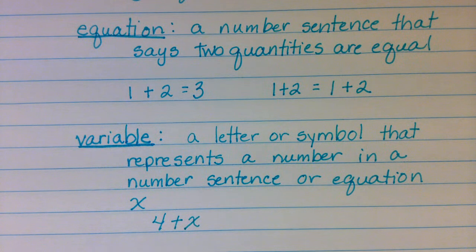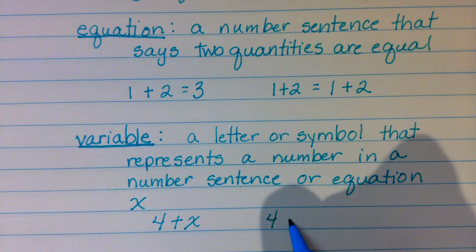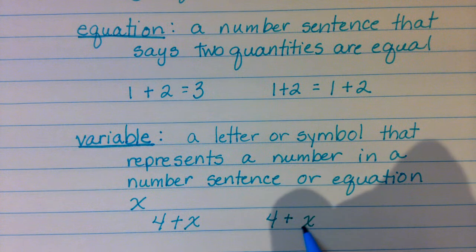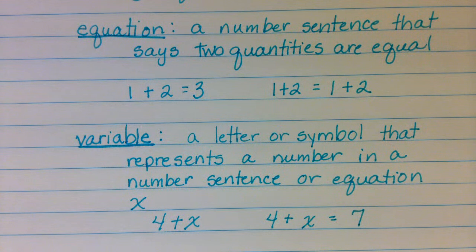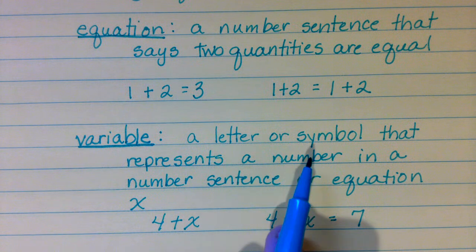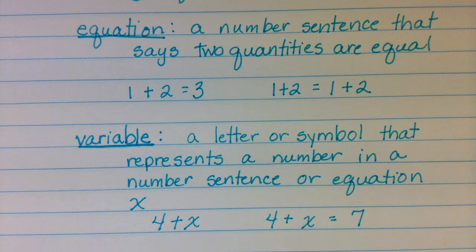That's a number sentence. 4 plus x equals 7. That's an equation. When we have an equation, we can usually figure out what the x stands for if it gives us what it's equal to, and we'll talk more about that a little bit later. However, what you need to know is that it is a letter or a symbol that represents a number in a number sentence or an equation. It can be any letter of the alphabet, just so you know, but most used is x.